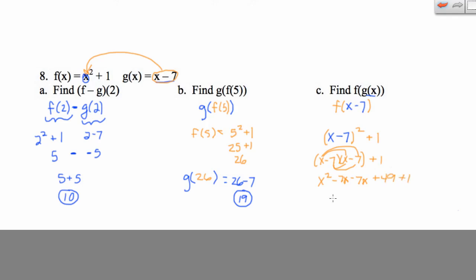Now I'll collect my like terms, so I have x squared minus 14x plus 50. Notice that when my input is an x, my answer is going to be more like a formula. It's going to be in terms of x.